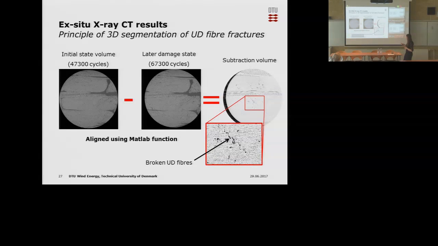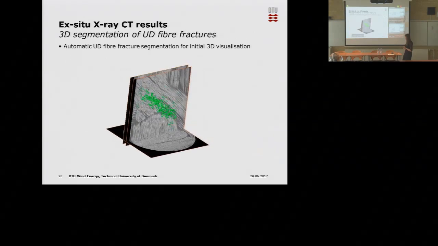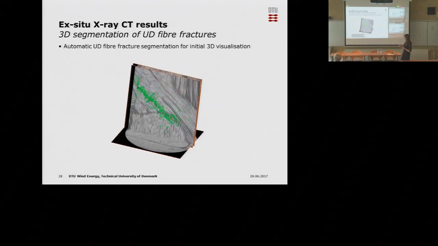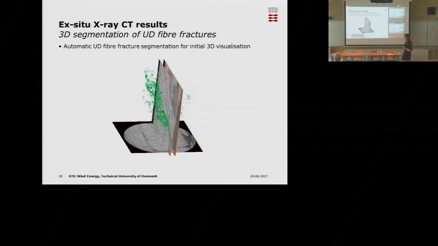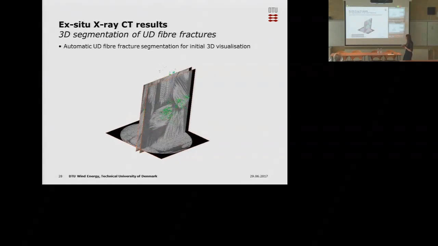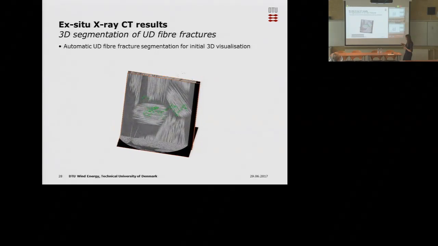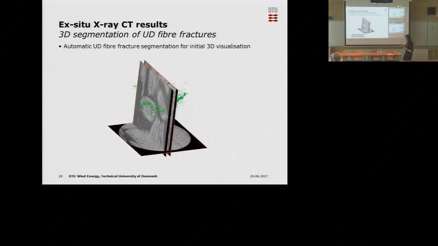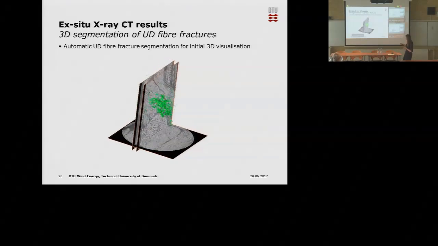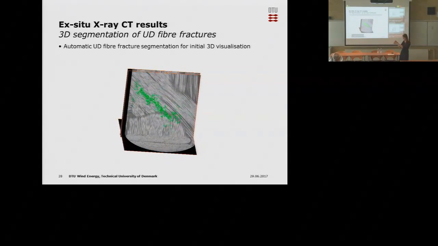So now if you look at this, you can see that the broken unidirectional fibers are a lot more clear than they were before. I didn't show before, but they are, and that means that it's possible to use simple thresholding methods to actually get a quite good image of this damage, which I've shown here. The green part is now this subtracted volume, so the damage, and the unidirectional fiber fractures. And we have the unidirectional bundles going up here, and these slice planes are on each side of the backing fiber bundle layer.